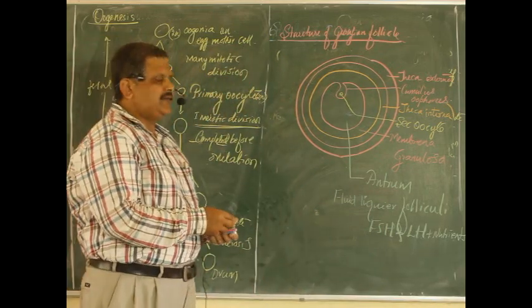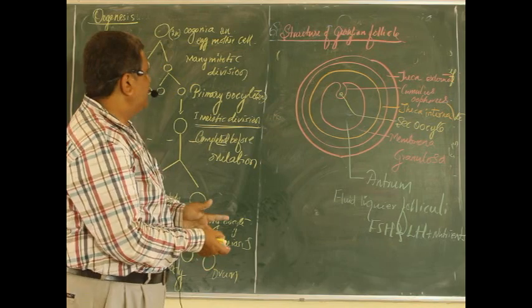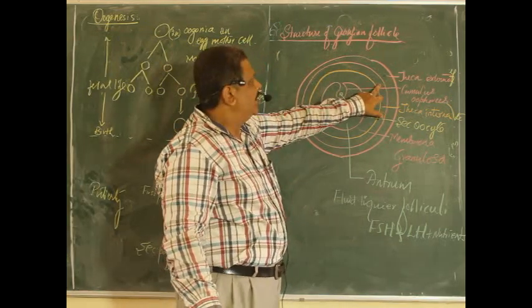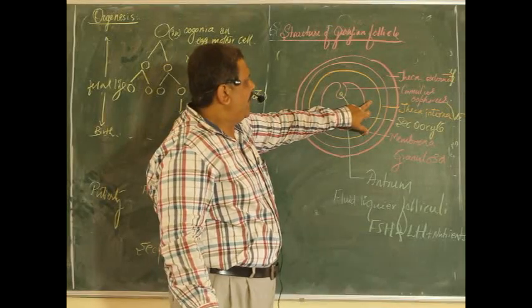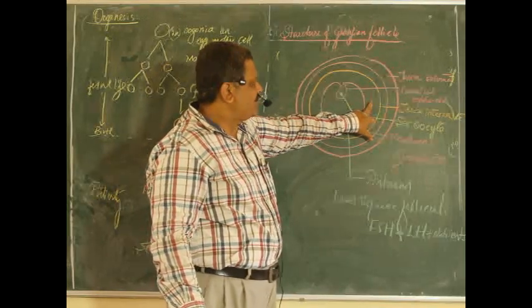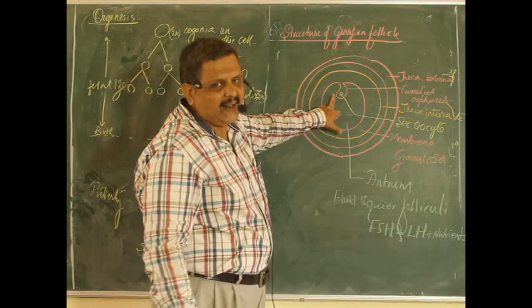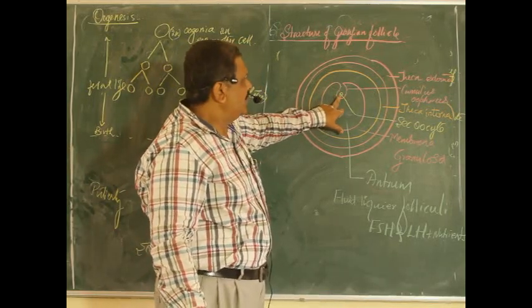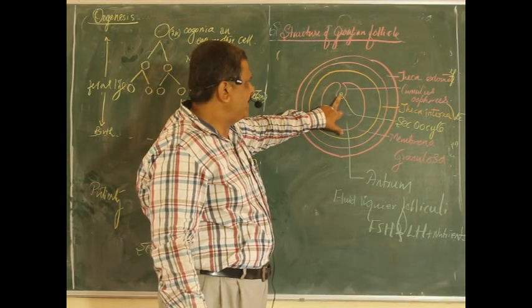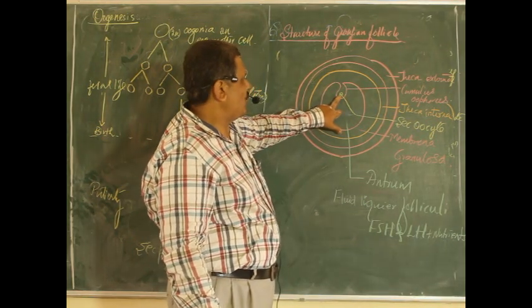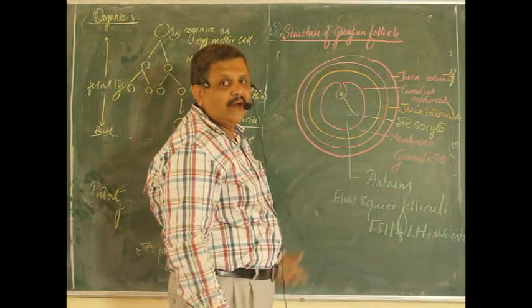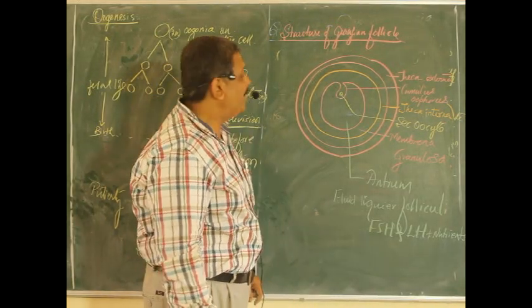So, my dear students, you should remember that the outer layer of the Graafian follicle is theca externa, the next layer is theca interna, and the next layer is membrana granulosa. It has an inward sac-like projection called cumulus oophorus, along with the presence of secondary oocyte. Secondary oocyte has corona radiata cells. I'm using the word corona, so I think it will be easy for you to remember.